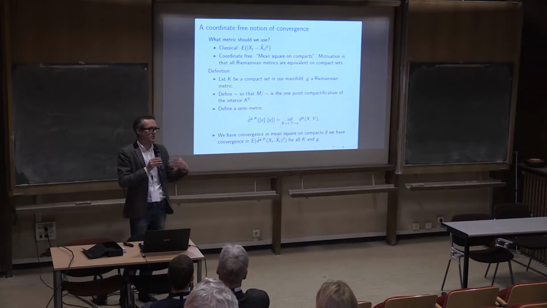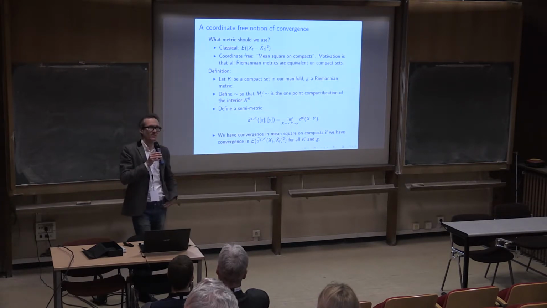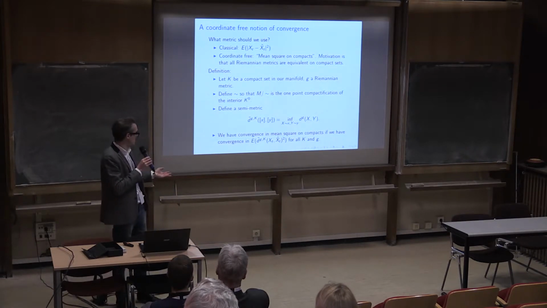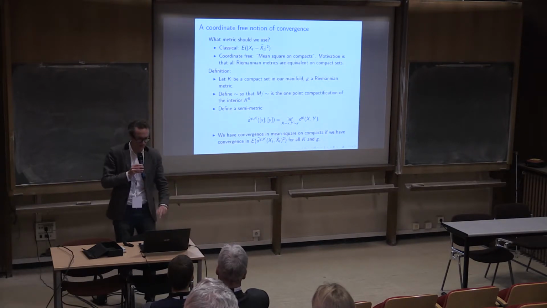So choose a Riemannian metric on the manifold, and then we insist that for every compact subset we get convergence in mean squared within that subset, and then we just identify all the points outside of that compact subset to a point. And then that notion doesn't depend upon the Riemannian metric that you choose. So this is going to give us a coordinate-free notion of convergence.